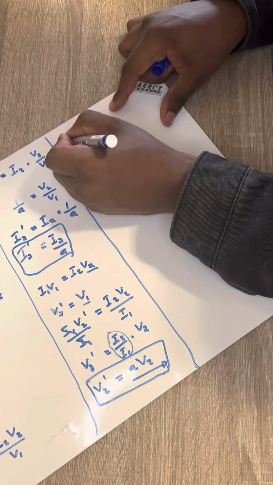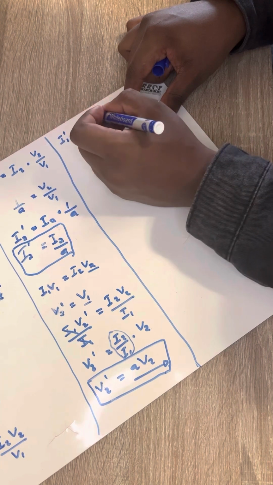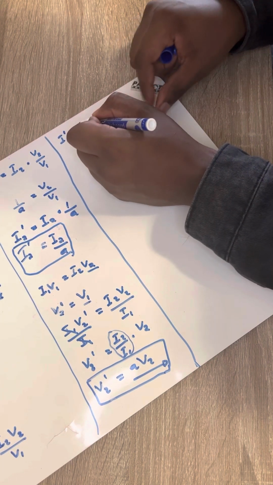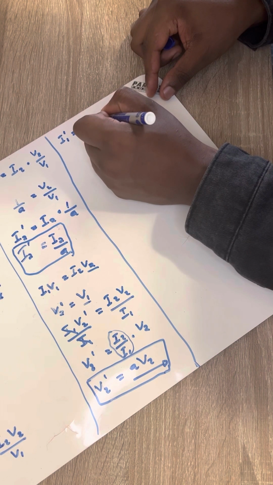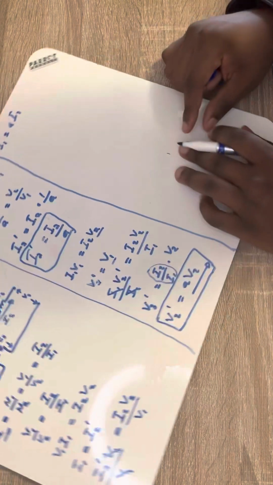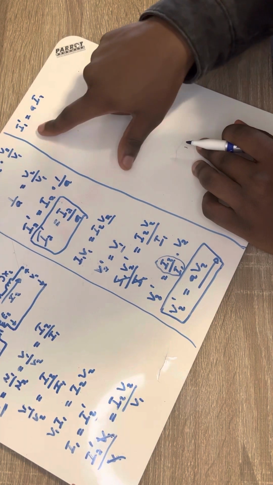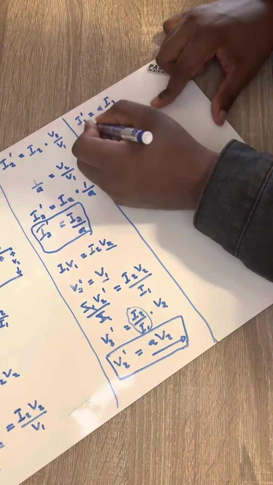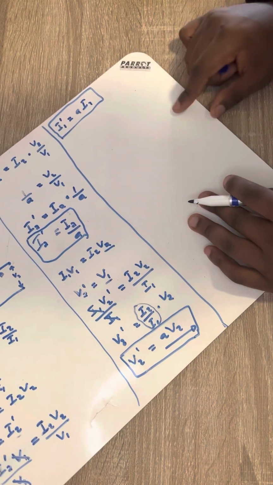So I1 prime will be equal to A times I1. Okay, so this is when you're referring to the secondary, right?